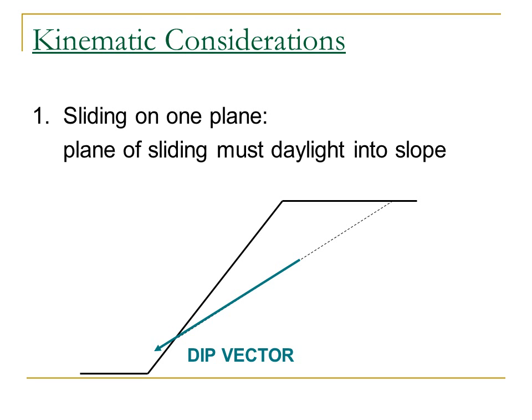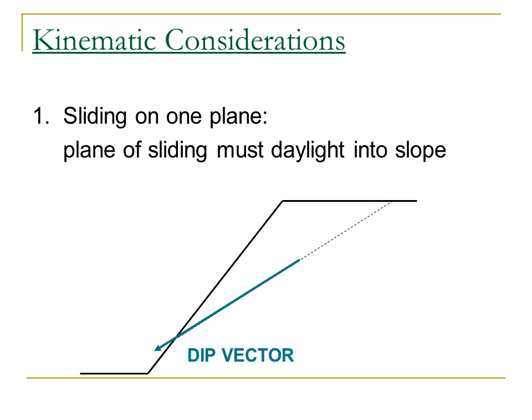Here's the depiction of the kinematic analysis for sliding on one plane. To have the potential for a failure, in this case, we have to have the condition met being the plane of sliding must daylight into the slope.